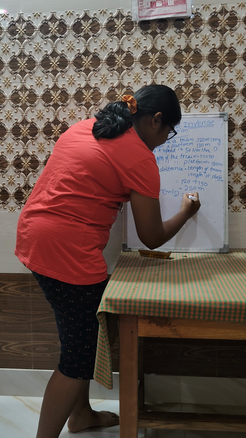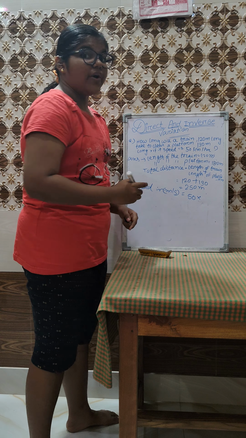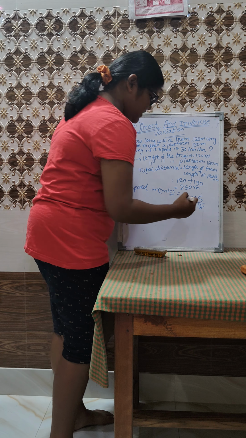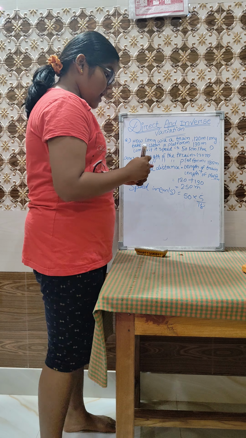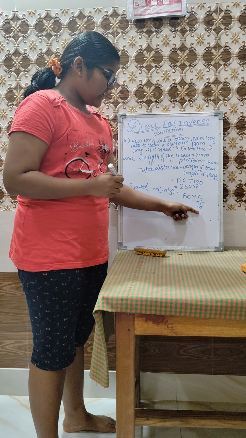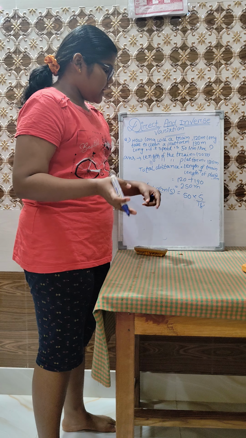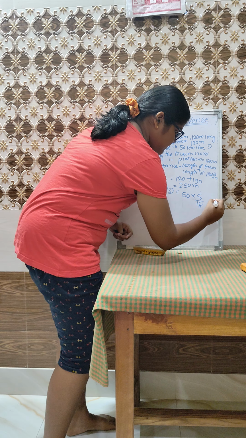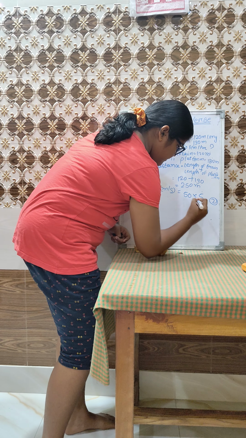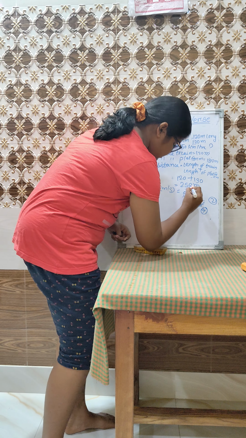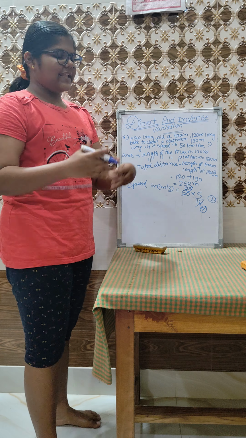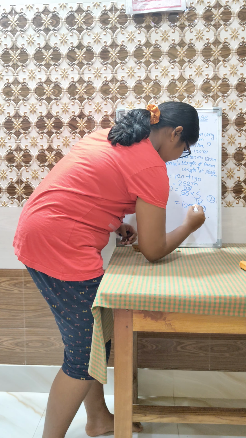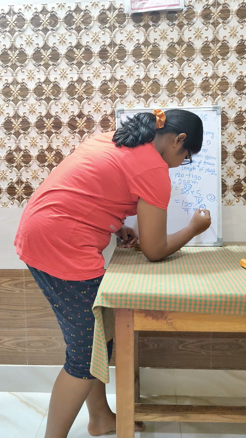So 50 into 5 by 18. It is the shortest method. Now we see that it is not cutting. We will move on to 2. 2 nines are 18 and 25. So no more can be cut. Let's multiply it. 25 fives are 125 by 9 meter per second.